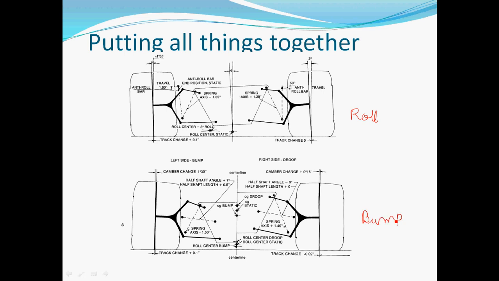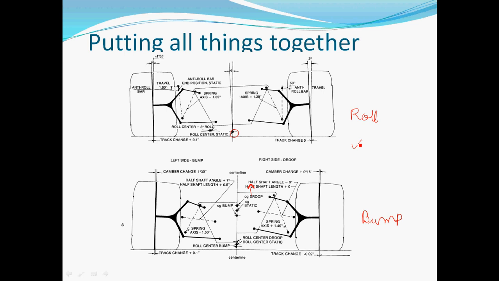Okay. So, what does roll mean? Roll means the whole system will rotate about a point, the roll center. And what bump means, as you can see, the chassis will translate up. So remember that race cars are designed for roll conditions.